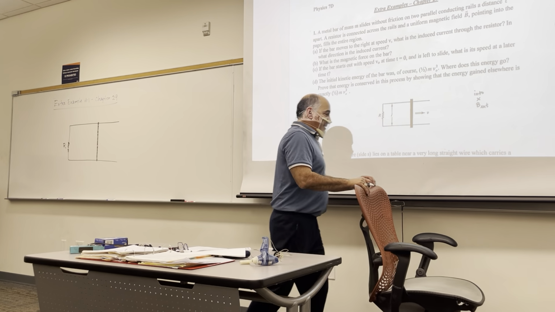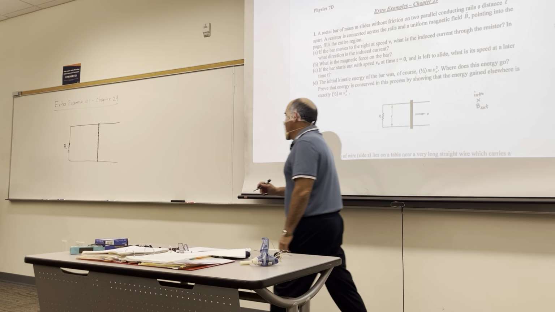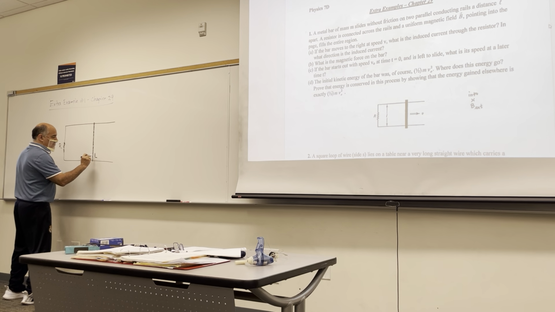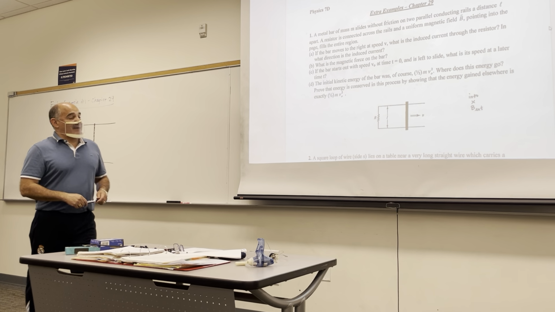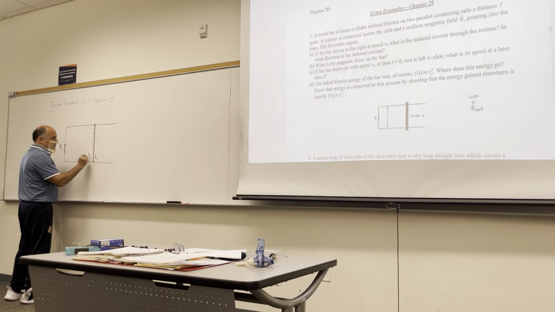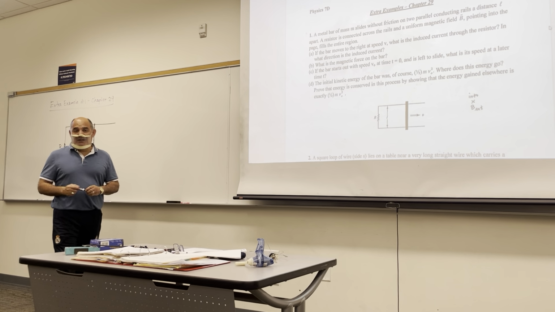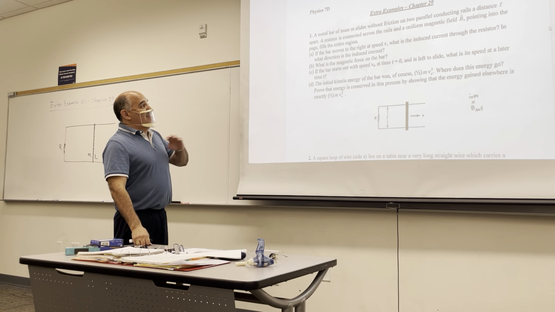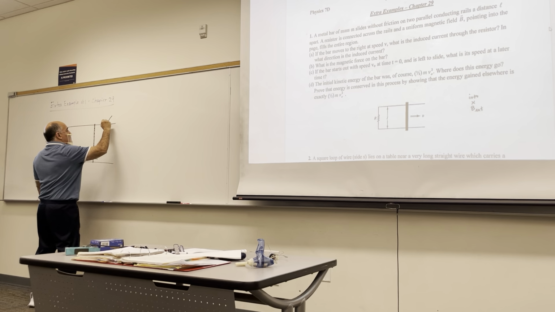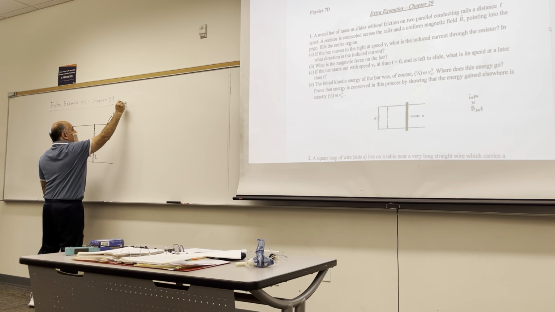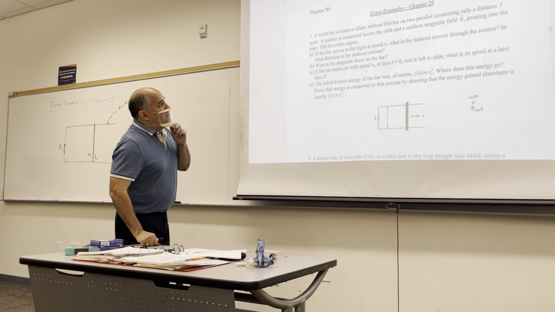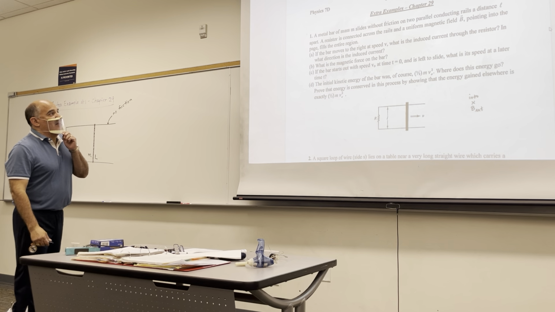The length of the bar is L. So it reads, a metal bar of mass M, so the mass of this bar is M, the length of it is L, slides without friction on two parallel conducting rails a distance L apart.